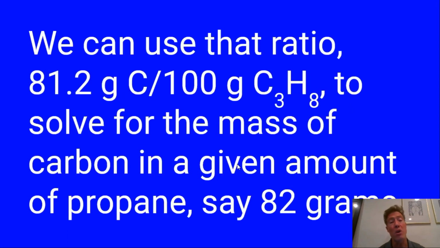So we can use that ratio, 81.8 grams of carbon per 100 grams of propane, to solve for the mass of carbon in a given amount of propane, say 82 grams. Let's say I've got 82 grams of propane, and I want to know how much of it is carbon.